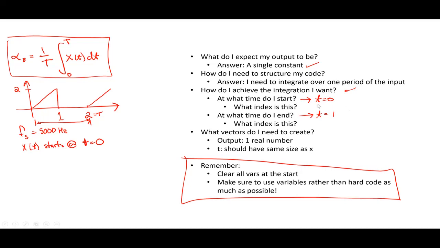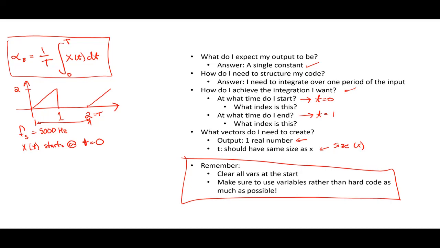So what do I need to create? I need to create a couple of vectors. I need something for my output. This isn't really a vector, it's just a single variable, which is just one real number. Okay. I need to create a vector t that should have the same size as x. And I was told that f sub s is equal to 5,000. So I'm going to need to do a check to see the size of x.